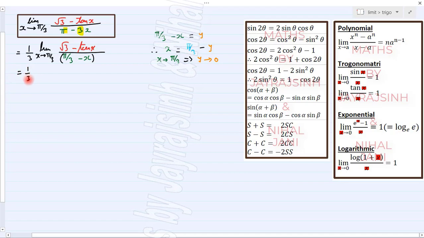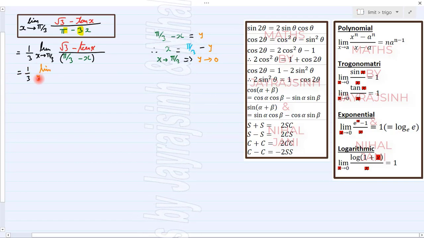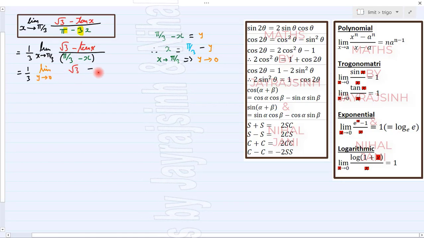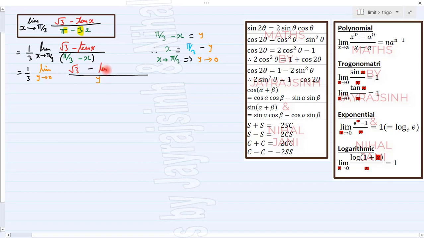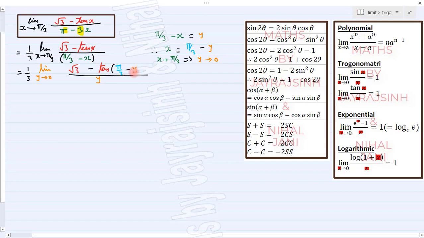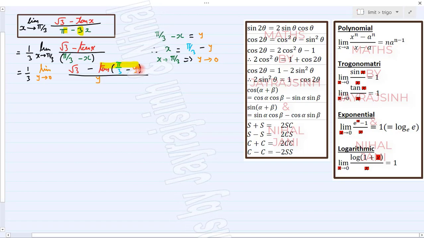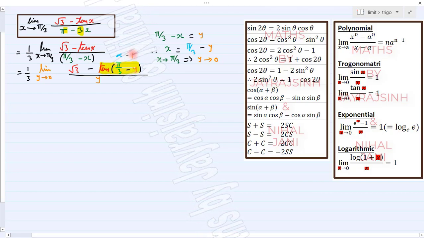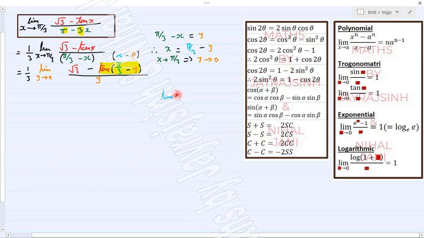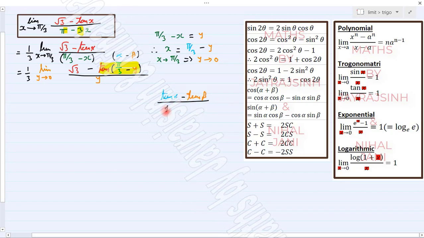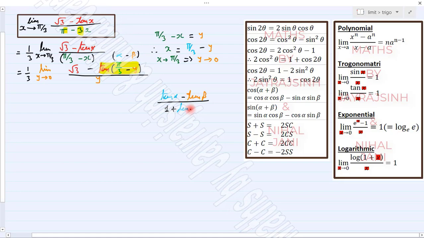Now onwards, this 1 by 3 will be as it is. Your limit is changed to y tends to 0. In numerator, we will get root 3 minus tan 3x will become tan of (pi minus 3y). Now, to simplify this, we have to use the formula of tan (alpha minus beta), which is equal to (tan alpha minus tan beta) upon (1 plus tan alpha tan beta).